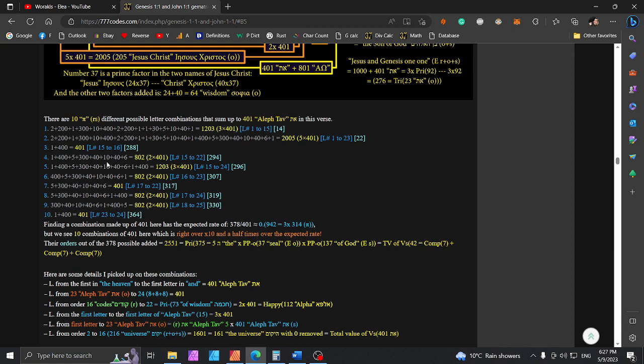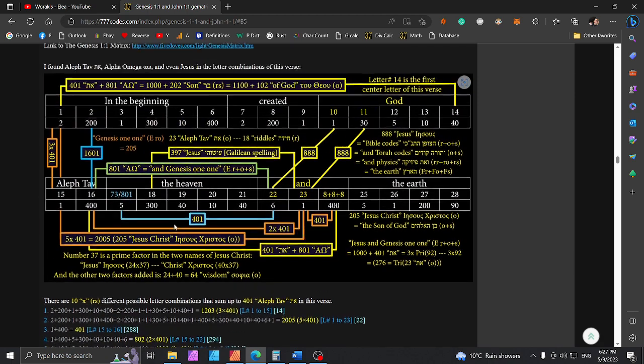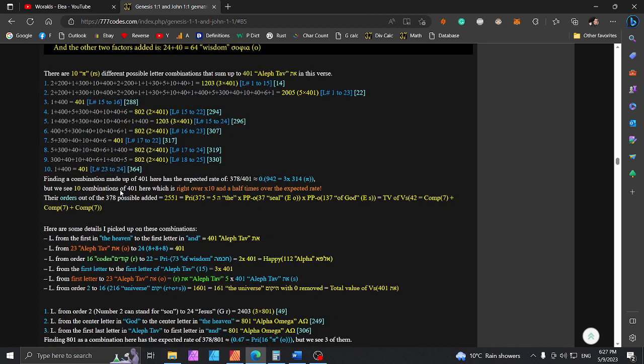So we find in the letter combinations, in paired permutations, we find Aleph and Tav 10 times in this verse. And that is about 10 times the expected rate. 10 equals the value of pi in reverse standard.